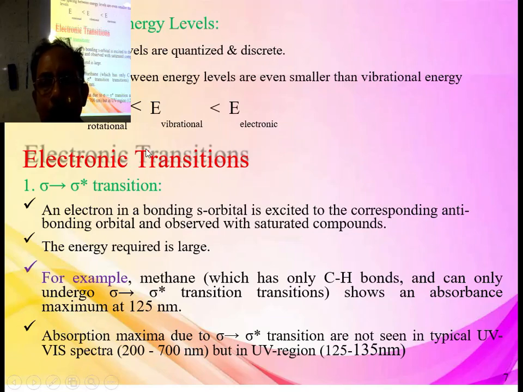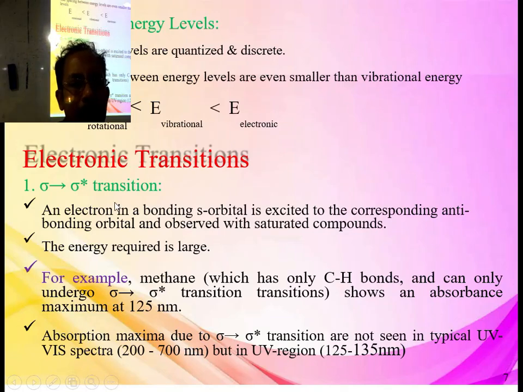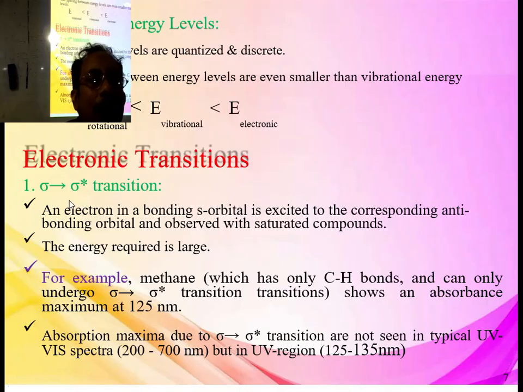Now, electronic transition, sigma to sigma star, for example. This is one possible electronic transition. The maximum energy is required for this type of transition, sigma to sigma star. The energy requirement will be very high, so usually it will fall into ultraviolet or visible. But sir, how do you get the sequence? No, it will vary from molecule to molecule.